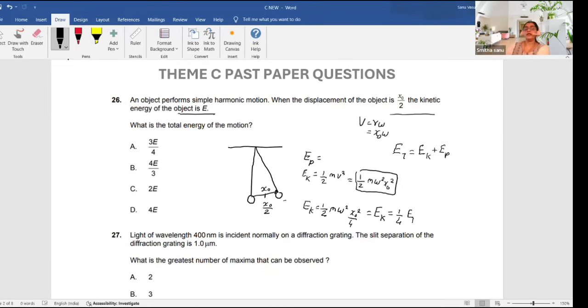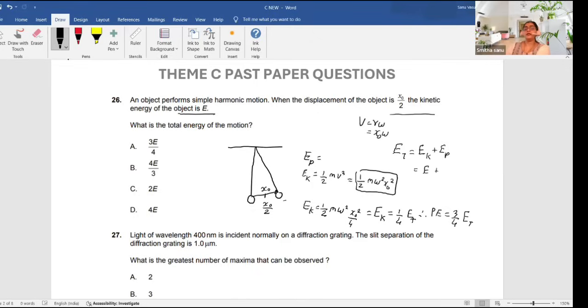So if kinetic energy is occupying one-fourth of the total energy, therefore potential energy will be occupying the rest, which is three-fourth of total energy. And in this question, one-fourth of total energy is given as E.